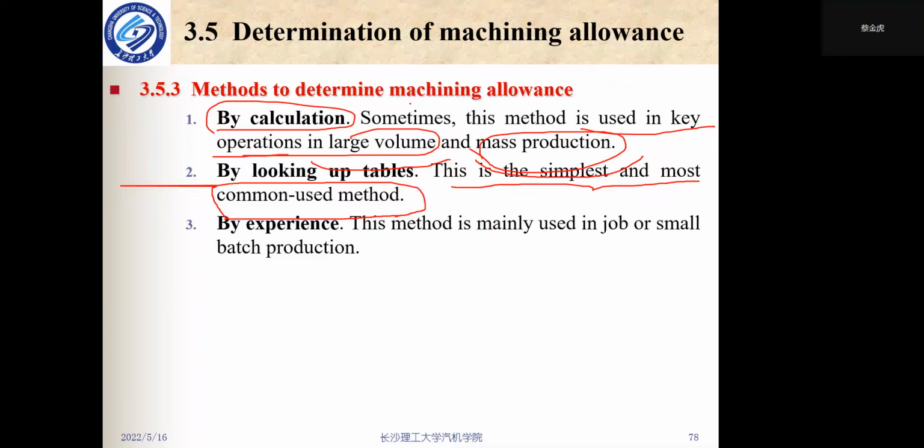This method is mainly used in job or small batch production. And the first one, by calculation, is used in the key operations of large volume and mass production. And the by experience method is mainly used in job and small batch production.